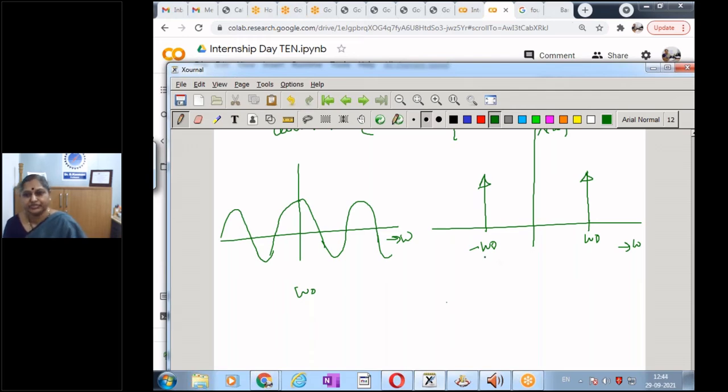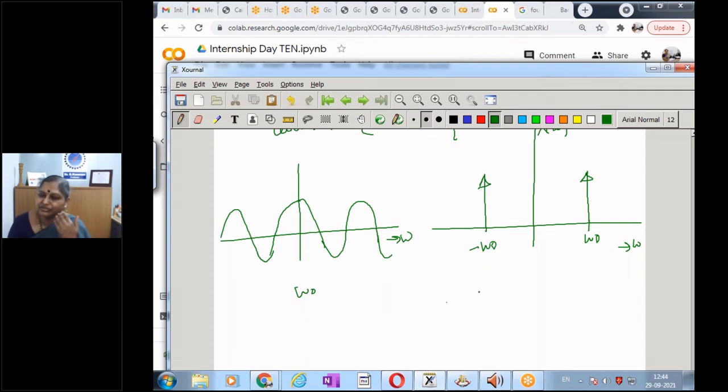Negative frequencies have no physical significance. Whenever a system oscillates, it oscillates with positive frequency only. When you hit a tuning fork and keep it near the ear, you will hear a single positive frequency.